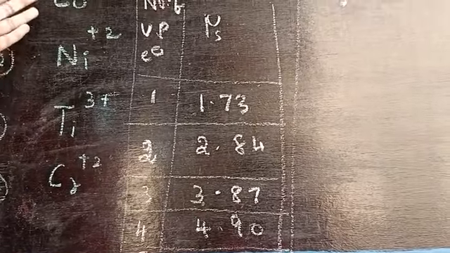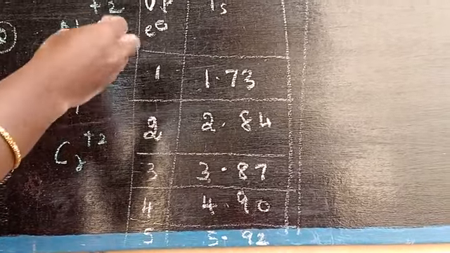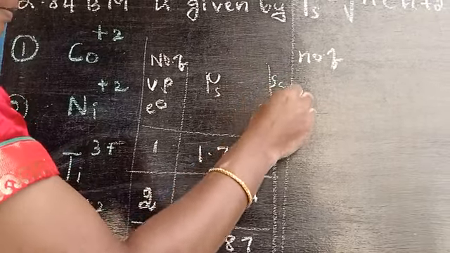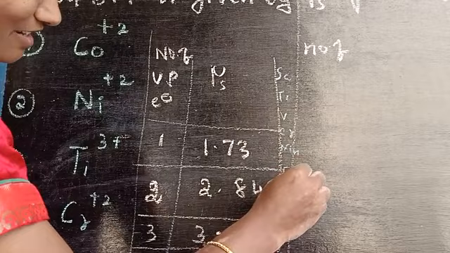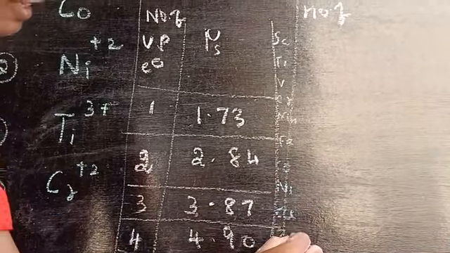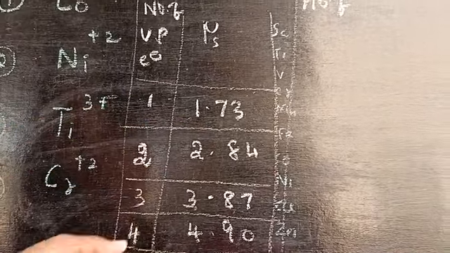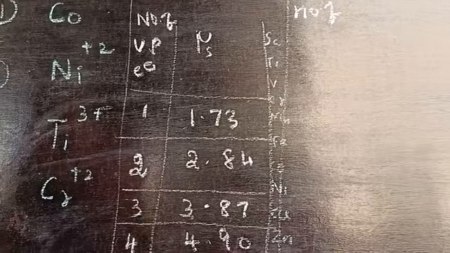So here cobalt, nickel, titanium, chromium are given. Write the series: scandium, titanium, vanadium, chromium, manganese, iron, cobalt, nickel, copper and zinc. Children, I am writing it again and again so that whenever you see this video, you can memorize it very quickly.